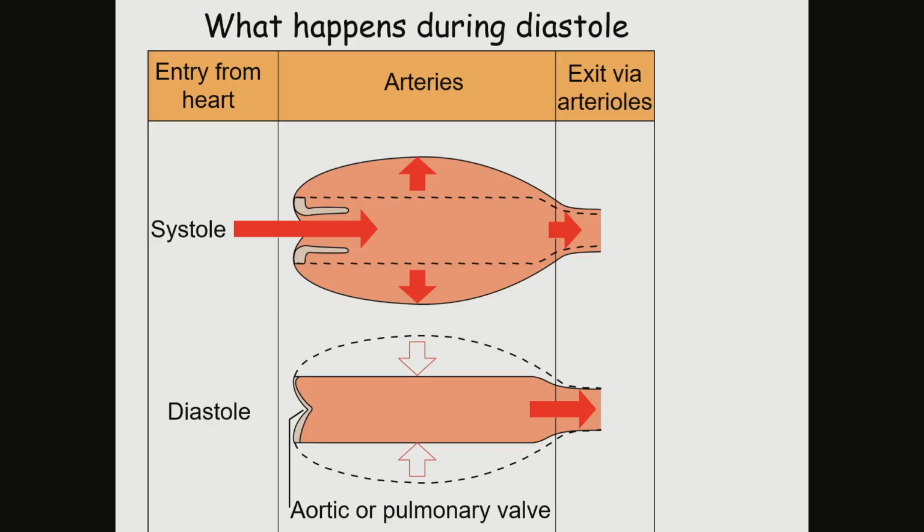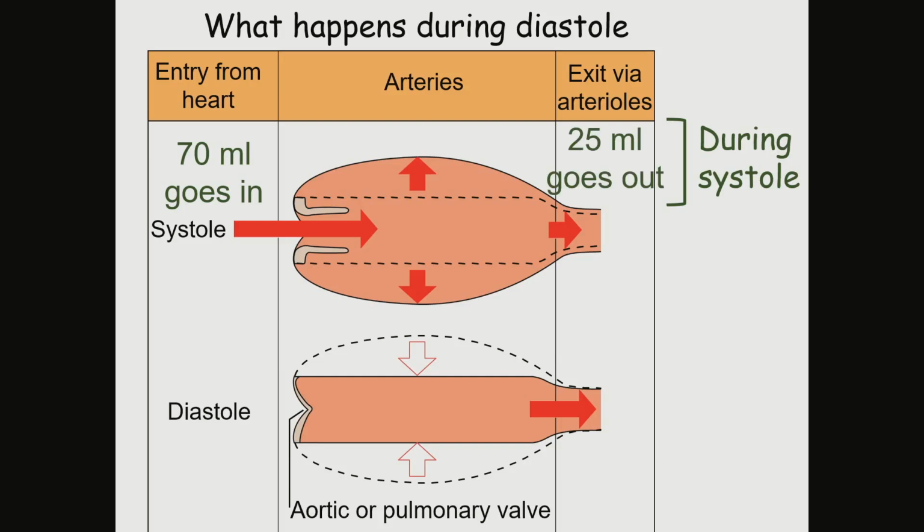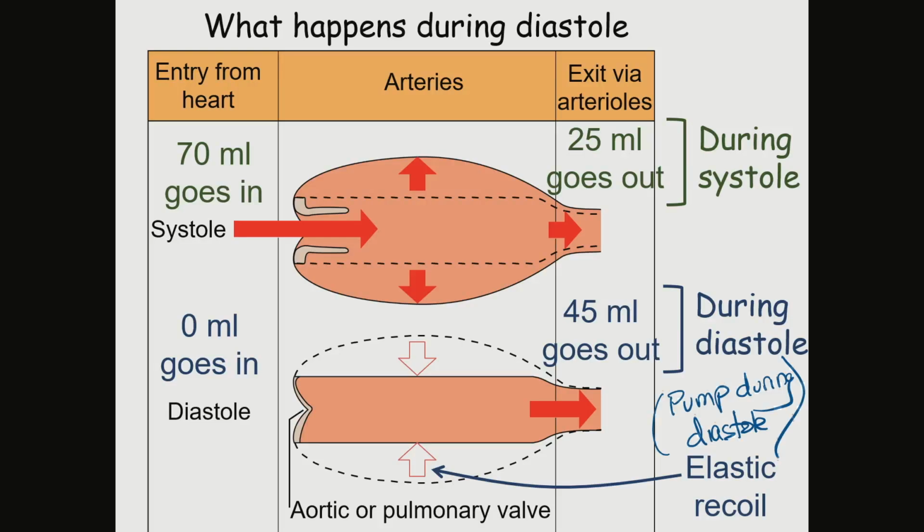So if we look at our picture here, during systole, 70 mils goes in. Obviously, some of the blood goes out of the aorta, if we're just saying this is our aorta, and we're going to say 25 mils goes out. During diastole, do I have any blood going in? No. So 0 mils is going into the aorta, and now we have that elastic recoil, which is acting as our backup pump.